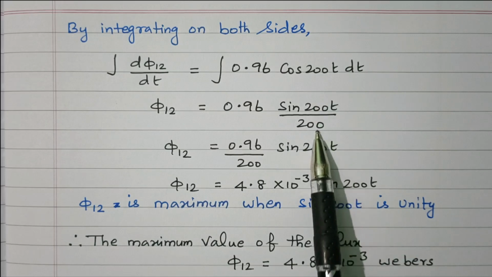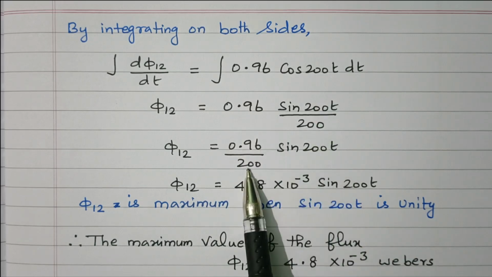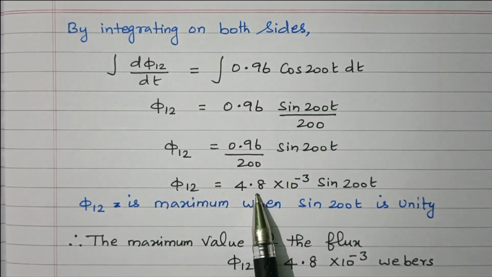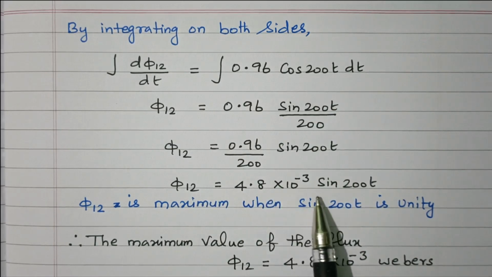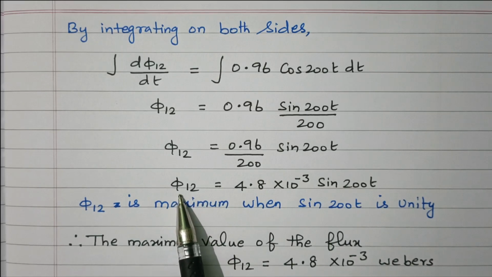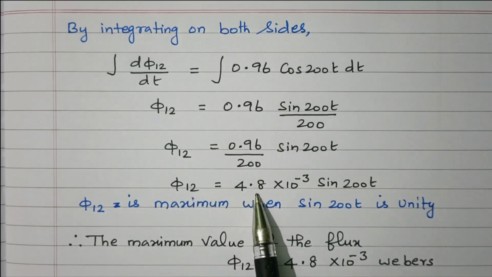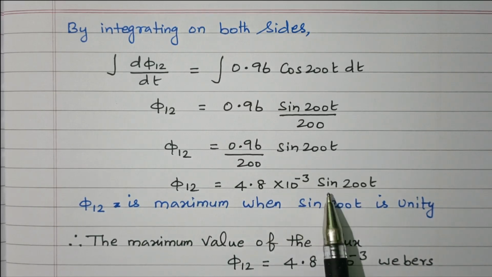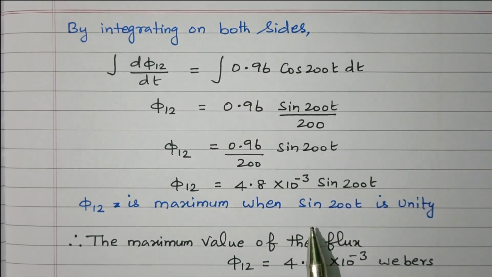So 0.96 divided by 200 is 4.8 into 10 to the power minus 3 sin 200t. So the flux linked with the second coil from the first coil, φ12, is 4.8 into 10 to the power minus 3 sin 200t.